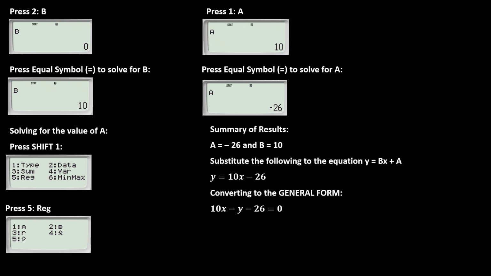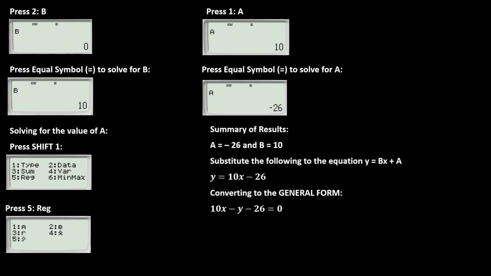And for the summary of our results, as we can see now, capital A equals negative 26 and B equals 10 as the slope of the line. Finally, we can now substitute the values of A and B to the equation y equals bx plus A. And now we have a resulting equation of the line as y equals 10x minus 26.